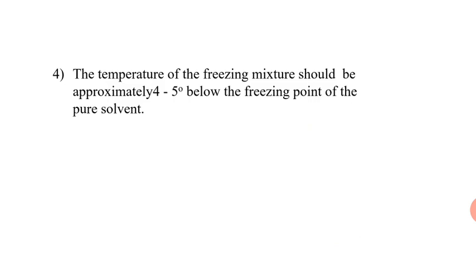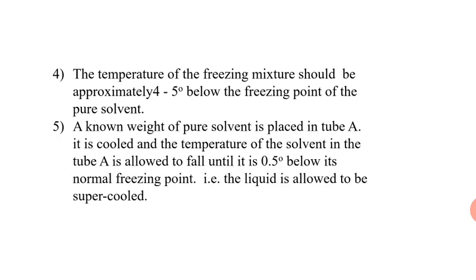Now, the temperature of the freezing mixture should be approximately 4 to 5 degrees below the freezing point of the pure solvent. A known weight of pure solvent is placed in tube A. It is cooled and the temperature of the solvent in tube A is allowed to fall until it is 0.5 degree below its normal freezing point.